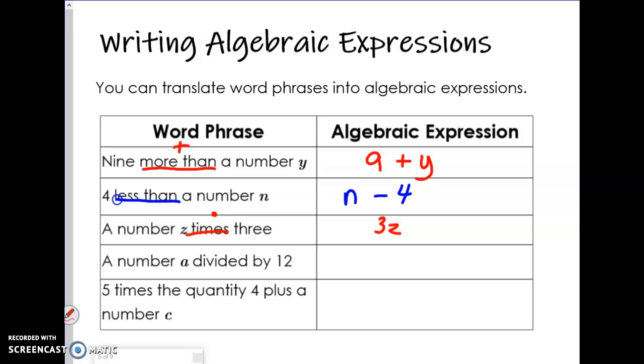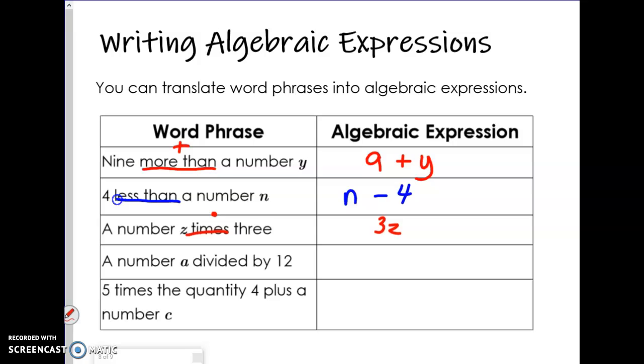Okay, the next one. A number a divided by 12. Max, which word tells you the operation you're going to do? Not sure?